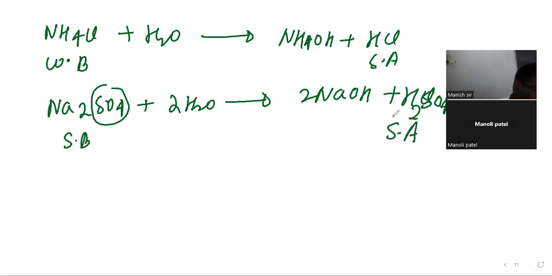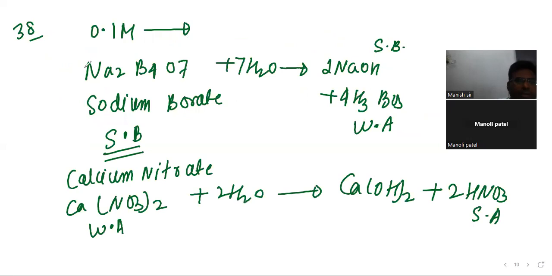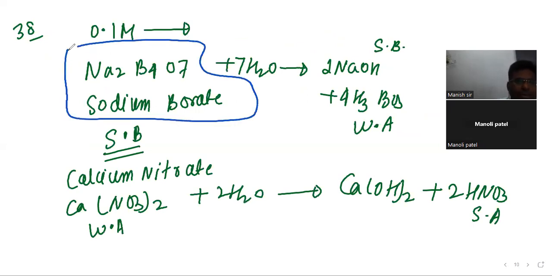So the sodium borate solution will be basic, right? Strong base will give a basic solution, while this one is an acidic solution, and due to this one also, this will be considered a basic solution.